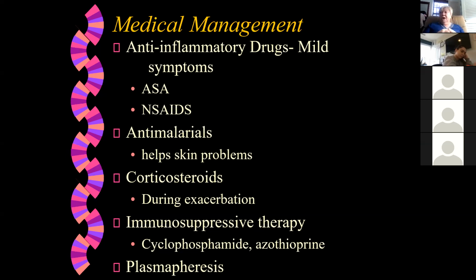Antimalarials are really good for skin problems, not just SLE, not just lupus, but things like eczema, psoriasis, and any type of skin problems. The same if you have bad lupus skin problems. And of course, these are your quinine-based drugs.